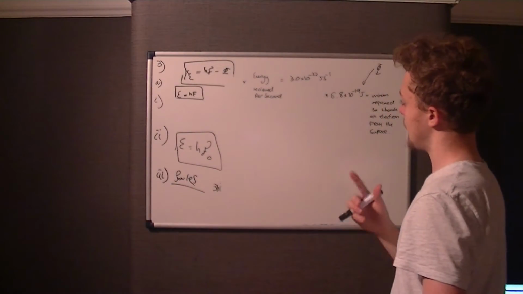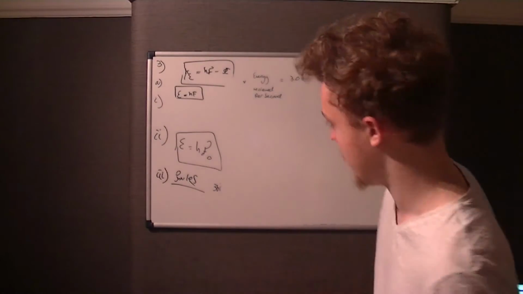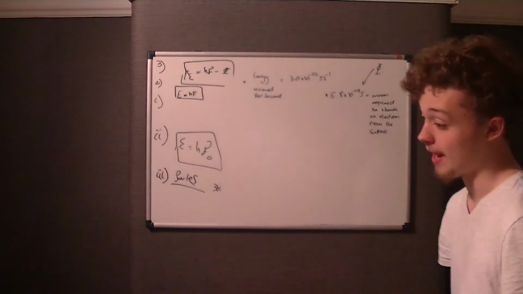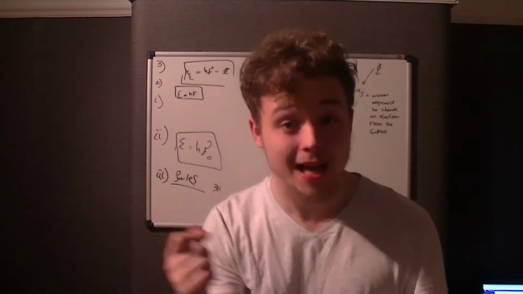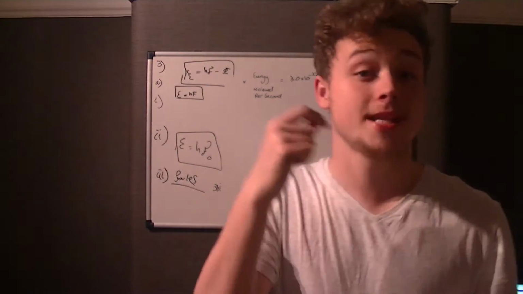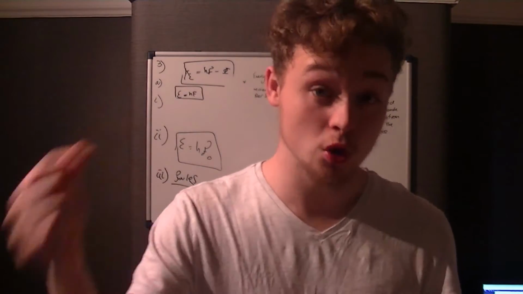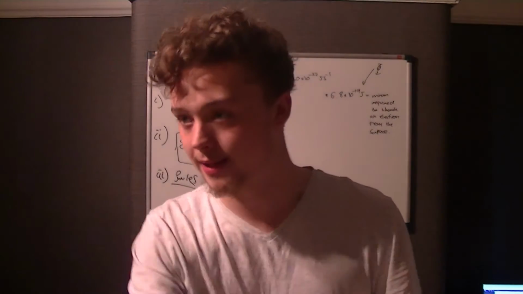Okay? Now, basically, we need a time element in here, because we need to work out how long it's going to take. Now, if every single second the electron is receiving 3 times 10 to the minus 22 joules, so every second it's receiving that, it keeps gaining it and gaining it and gaining it.